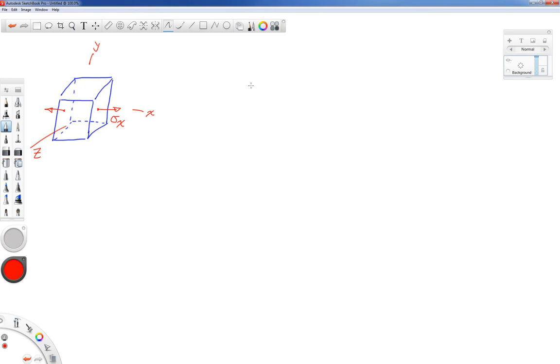Now we know that we're going to get a strain in the x direction, and by rearranging our 1D Hooke's law, that stress over the modulus of elasticity gives us the strain in the x direction. In the y direction and in the z direction, we also get some strain because of the Poisson ratio of the material, that Poisson contraction.